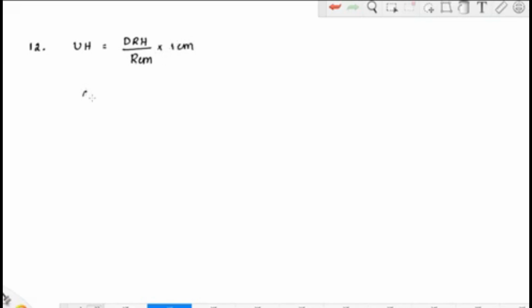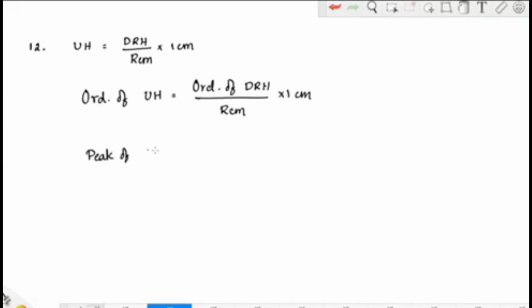So nothing but ordinates of unit hydrograph is equal to ordinates of DRH divided by R centimeter into 1 centimeter. Suppose if I am speaking about peak of unit hydrograph, you can write peak of DRH divided by R centimeter into 1 centimeter.